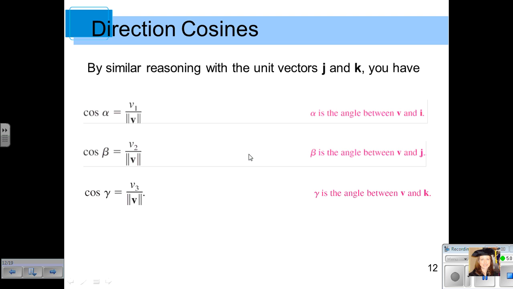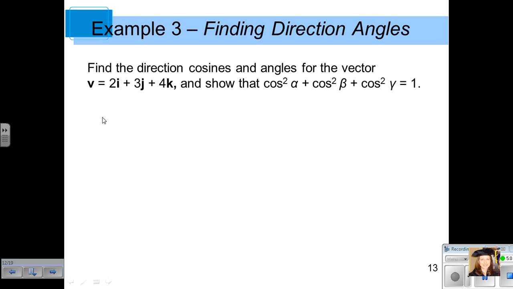By applying the formula to find the angle between two vectors, we come up with these formulas here. Cosine of the angle alpha would be v1, the first component of the vector, divided by its magnitude. Cosine beta would be v2 divided by the vector's magnitude, and cosine gamma would be v3 divided by the vector's magnitude.